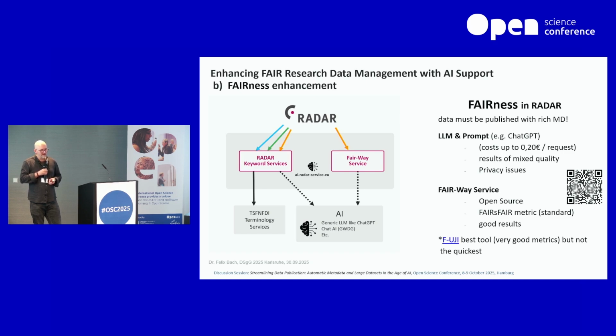But we found that with large language models, the results were not really reproducible all the time. That was a problem. So the results were mixed, and also the privacy issues were. We had some concerns sending data to cloud services, and so we chose this Fairway service for now.